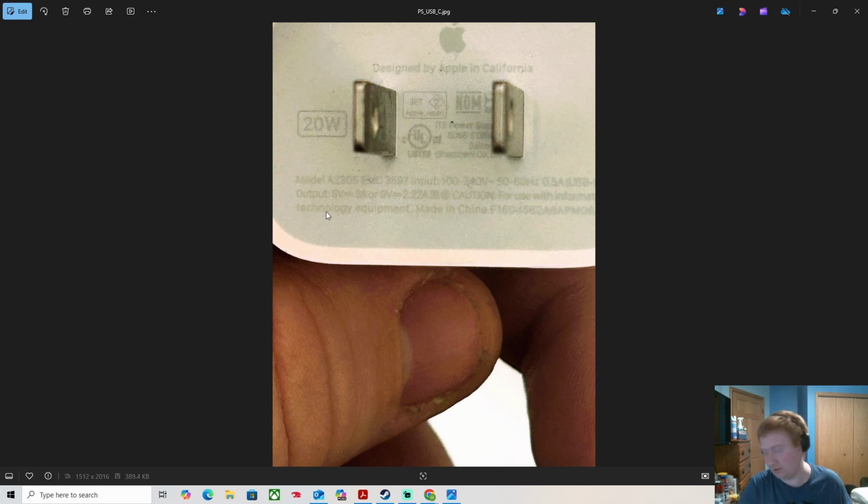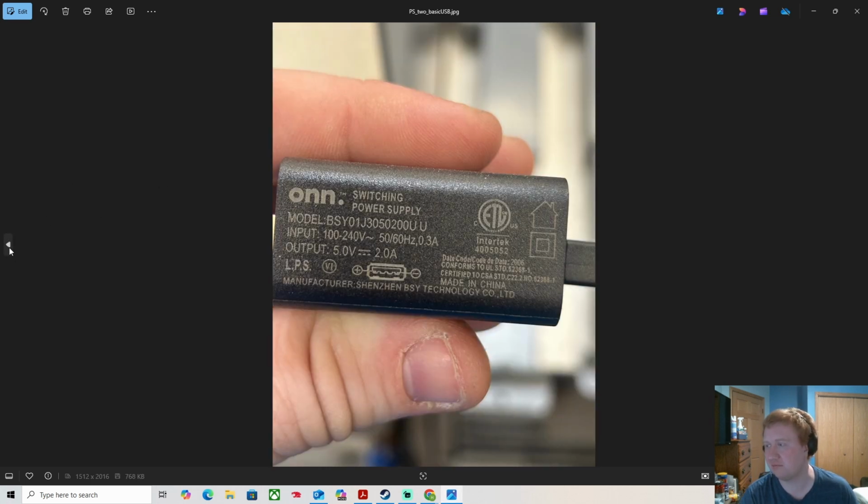But anyway, power supplies like these are literally telling you the maximum ratings and the maximum amount of current that it can supply, not that it will output.